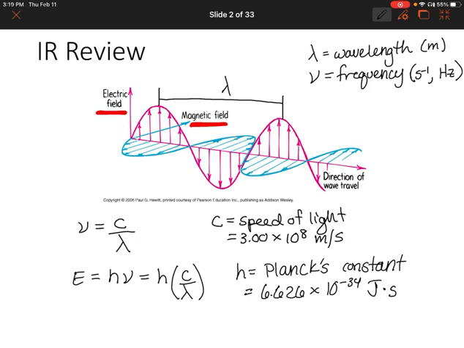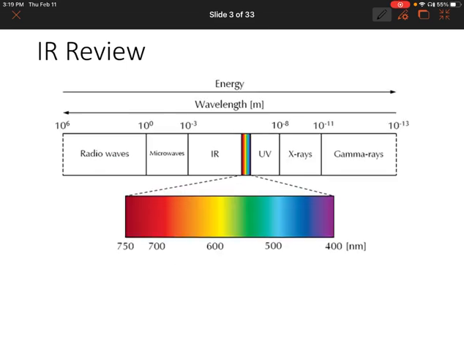And this comes up when we talk about, for instance, the entire electromagnetic spectrum. So here in the electromagnetic spectrum, we have different frequencies or wavelengths of light from lowest energy to highest energy.